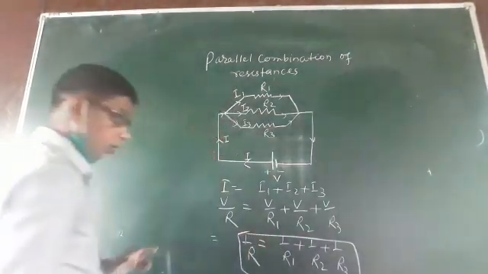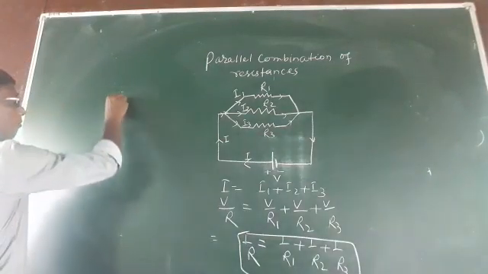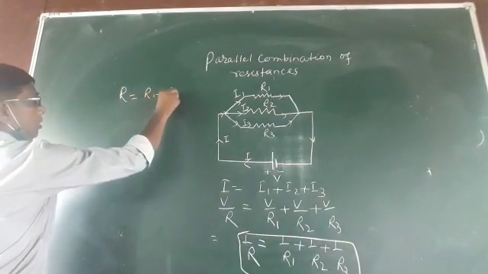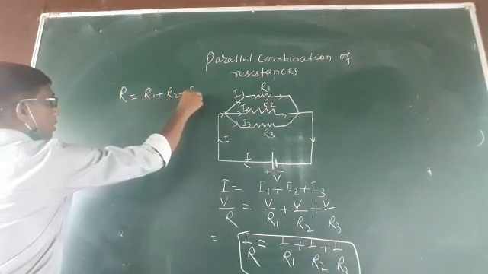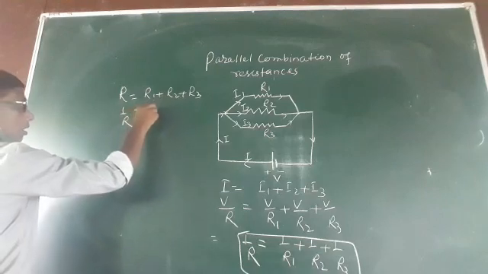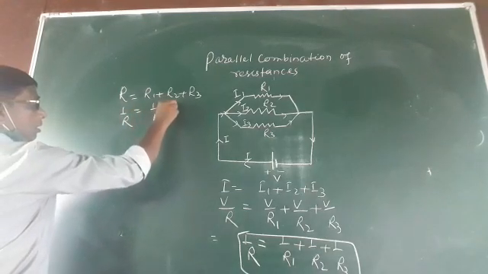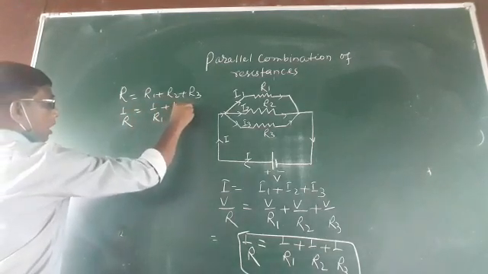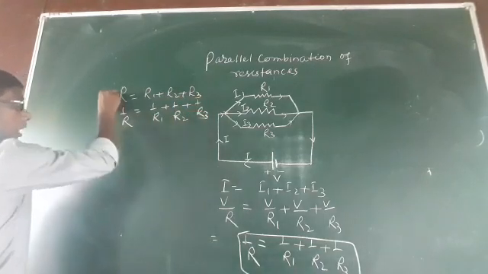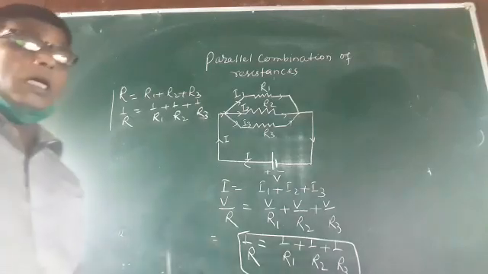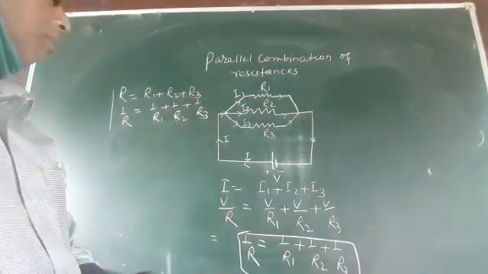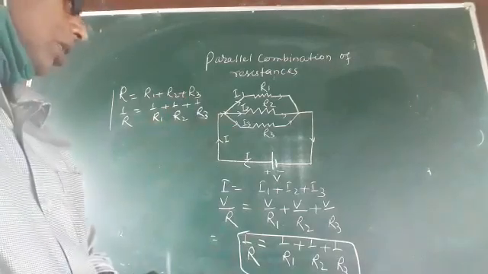Keep in your brain two formulas: for series combination, the sum of these three or maybe more, and for parallel combination 1 by R1, 1 by R2, 1 by R3. This will help us solve numerical problems based on parallel as well as series combination.